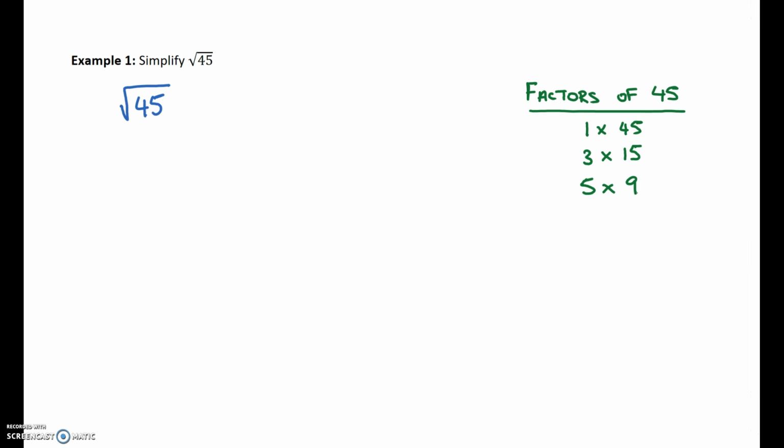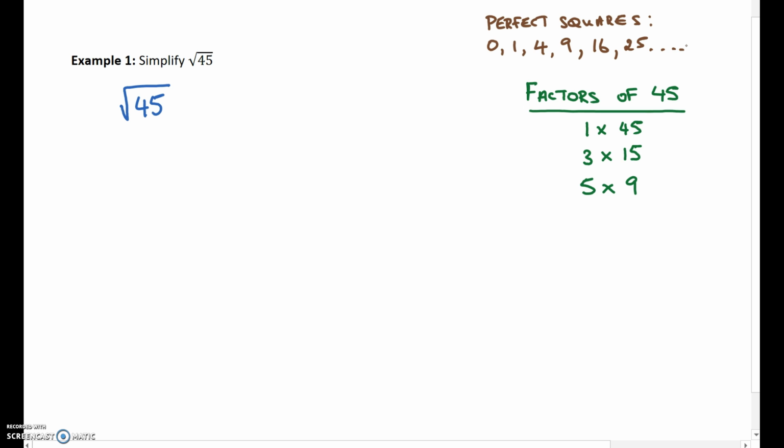Now, what you have to do then is look to see, is any of these factors a perfect square? Now remember, just in case you've forgotten, the perfect squares are 0, 1, because 1 times 1 is 1, 4, because 2 times 2 is 4, 9, because 3 times 3 is 9, 16, because 4 times 4 is 16, 25, because 5 times 5 is 25, and you should know those up until probably 225, which is 15 squared.